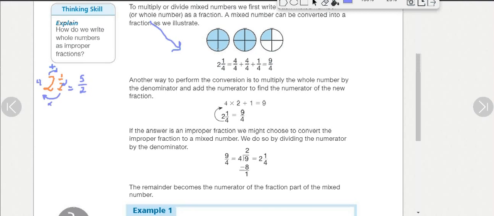The mixed number 2 1/4 is the same as saying 9/4. Because 2 1/4 would be 2 full circles and then 1/4 of a circle, right? Well, if we call that 9/4, I know it's top heavy, but we're counting 9/4.